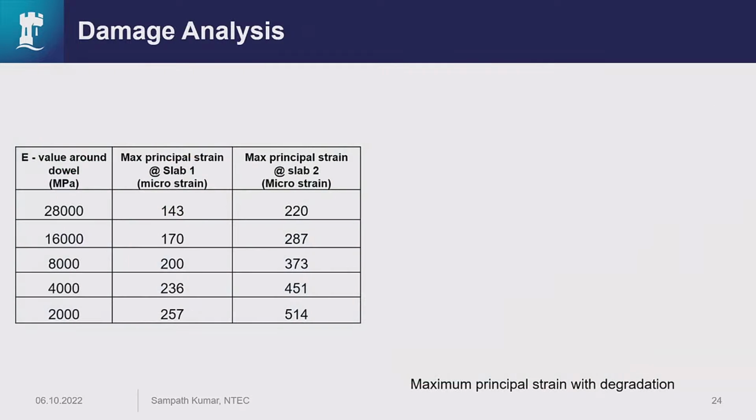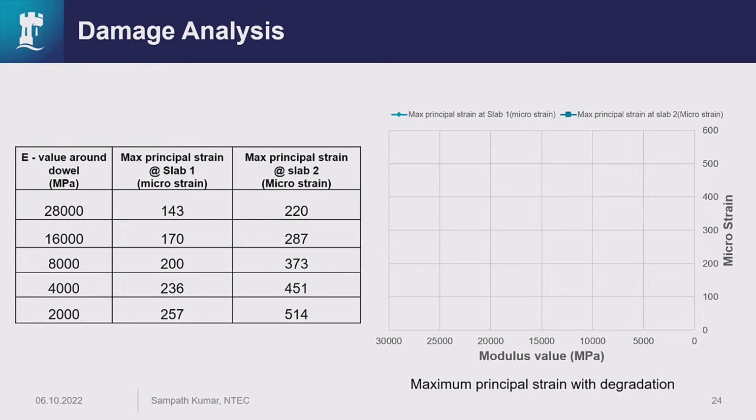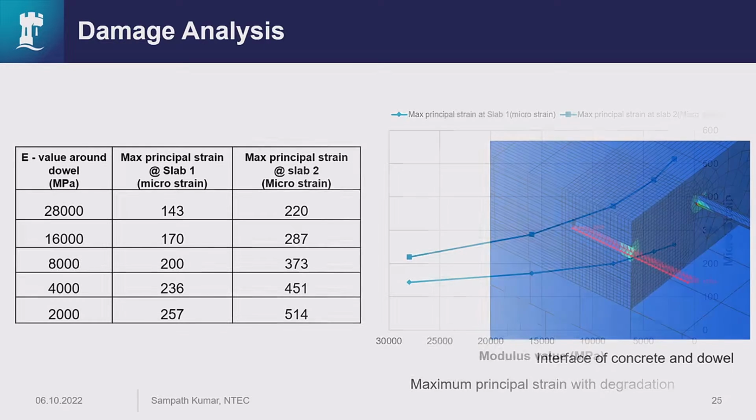Here, similarly, we have observed the results on both slabs, slab 1 and slab 2, and we have decreased the E value, or the stiffness value, from 28,000 to 2,000 in various steps. We could clearly see that there is an increase in the strains, which obviously means an increase in the stresses, and the pavement is more likely to deteriorate under traffic loading.